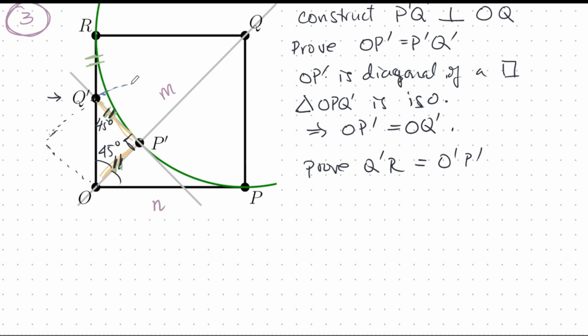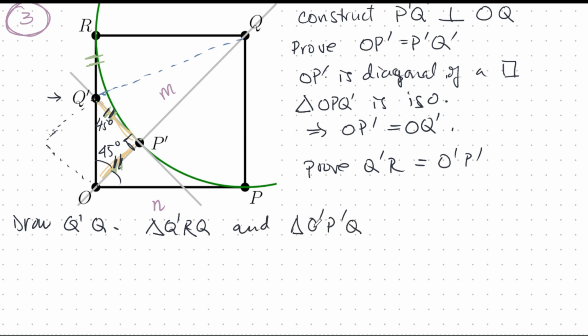First, let's draw this line, Q prime Q. So the two triangles here: triangle Q prime R Q and Q prime P prime Q.